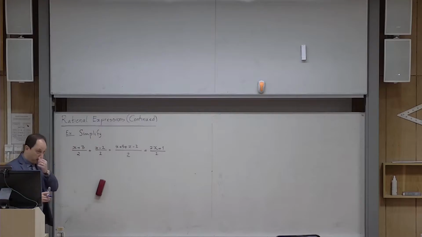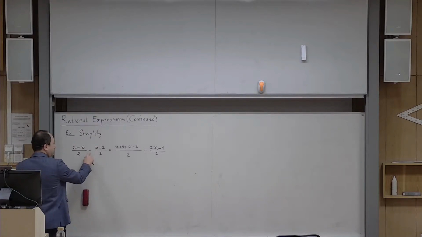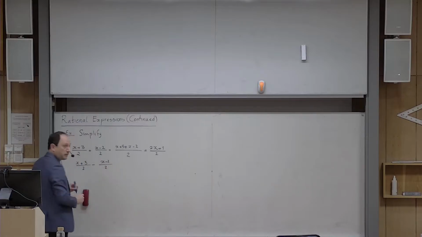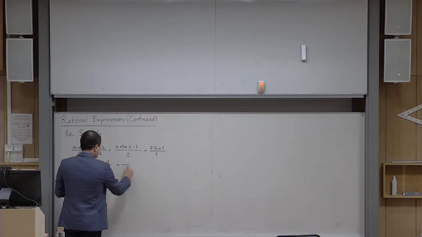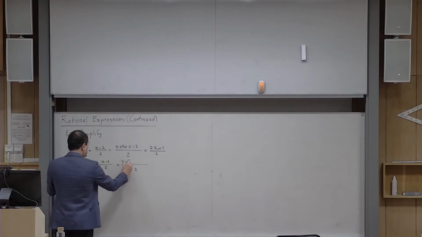One more thing is that sometimes I want you to also pay attention to the negative sign. Let me immediately write that one here as well. Let me change the situation here. I have x plus 3 divided by 2 plus minus x minus 2 divided by 2. Because the denominators are the same, I write the same denominator, but be careful.